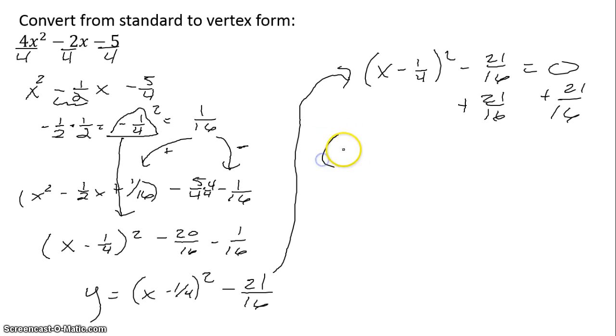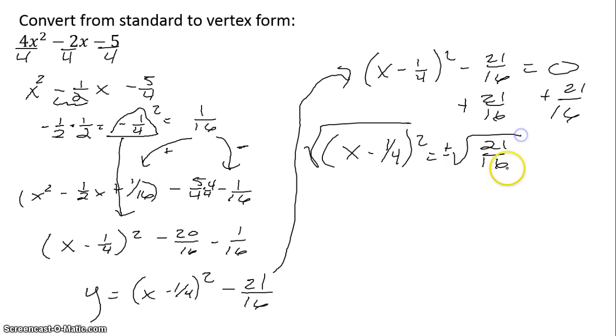They're roughhousing. x minus 1/4 squared equals 21 over 16. To get rid of our squared term again, we square root both sides, plus or minus square root of 21 over 16. x minus 1/4 equals plus or minus square root of 21.